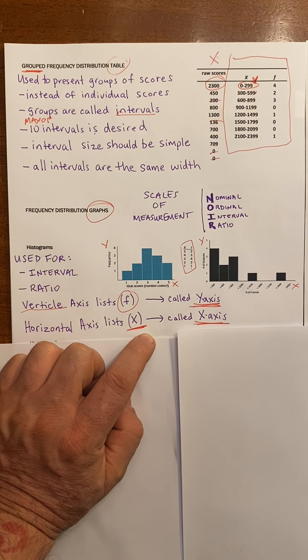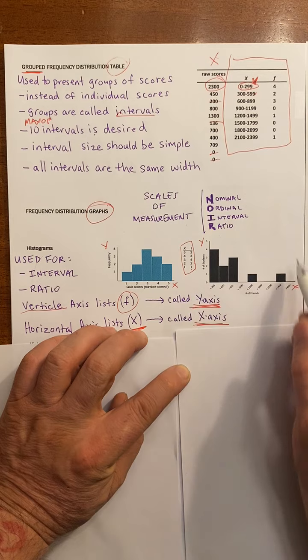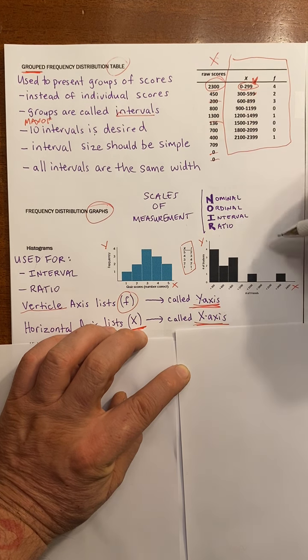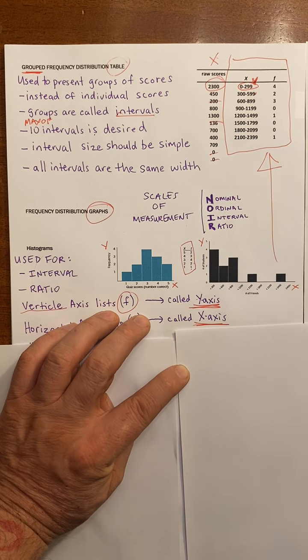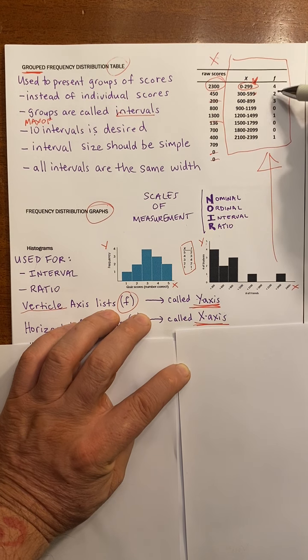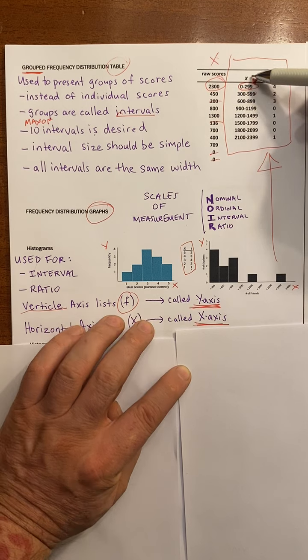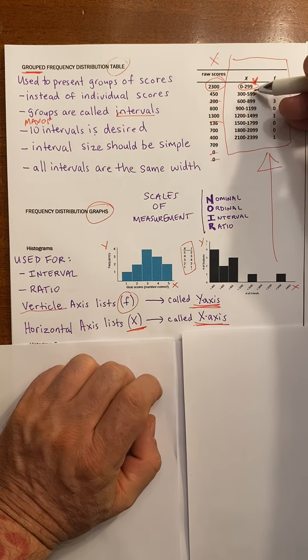Let's take a look at my other histogram as well. This histogram is showing this data, and it's working the exact same way. My y-axis is showing my frequency, and my x-axis is showing my x categories. It's even showing the way that I've got them listed in groups here.